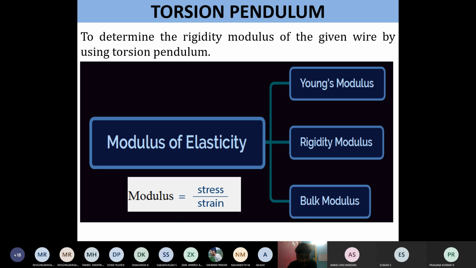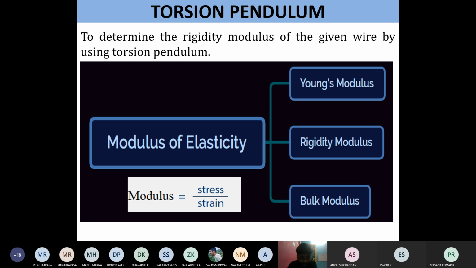So we can write that linear stress divided by linear strain is the Young's modulus. Linear is nothing but lengthwise, which is why we use the word linear.